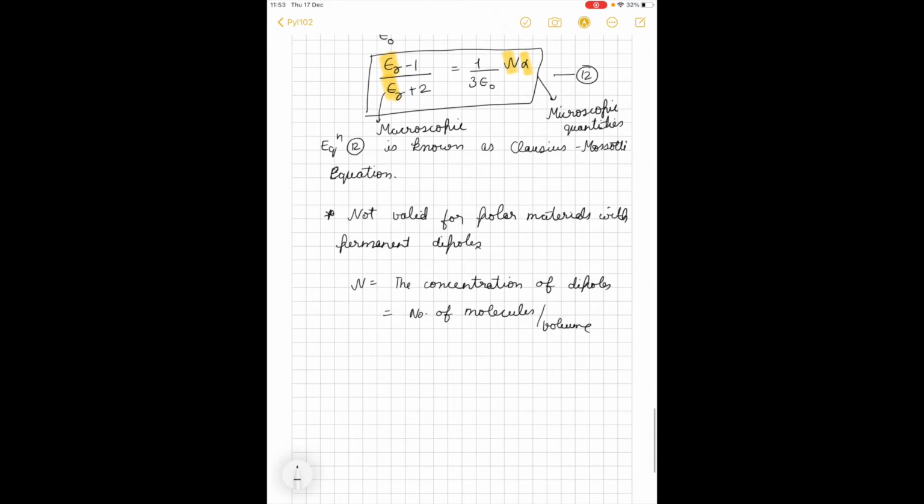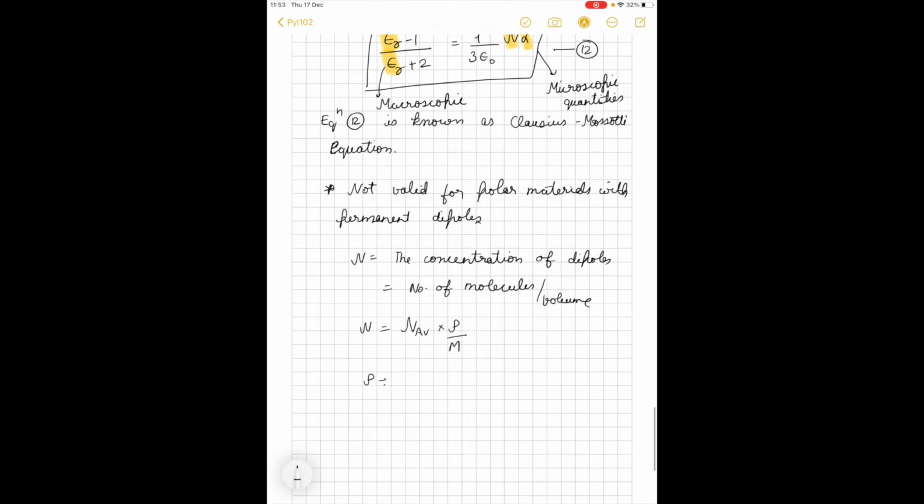If we consider each molecule or atom to become a dipole, then N is related to N Avogadro. So N becomes N Avogadro times rho divided by M.